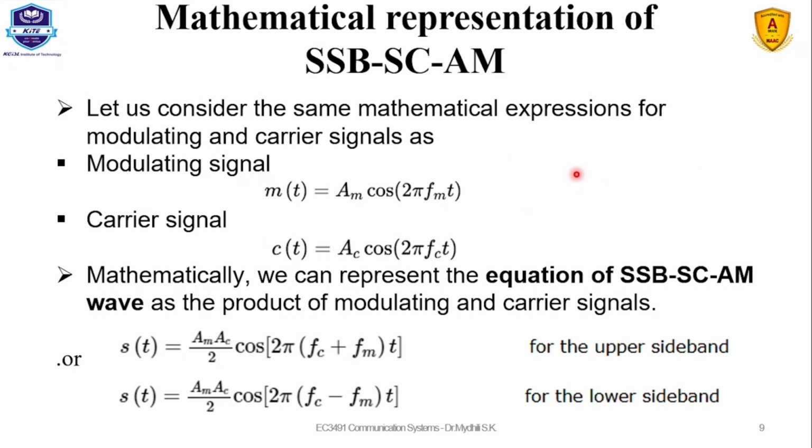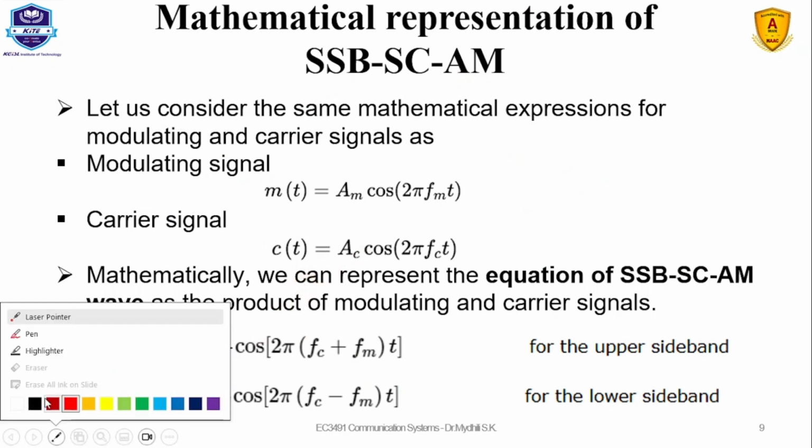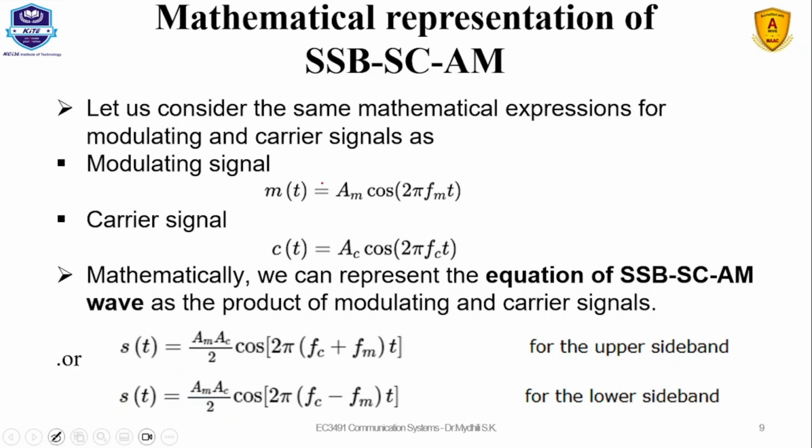Next, coming to the mathematical representation of SSB-SC AM. Previously we know that for a modulation there are parts we should consider. One is the carrier, another one is the message signal. Considering the message signal as m of t, I am going to take Am cos omega m t, where omega m t is represented as 2 pi fm t, and the carrier signal is represented as Ac cos 2 pi fc t.